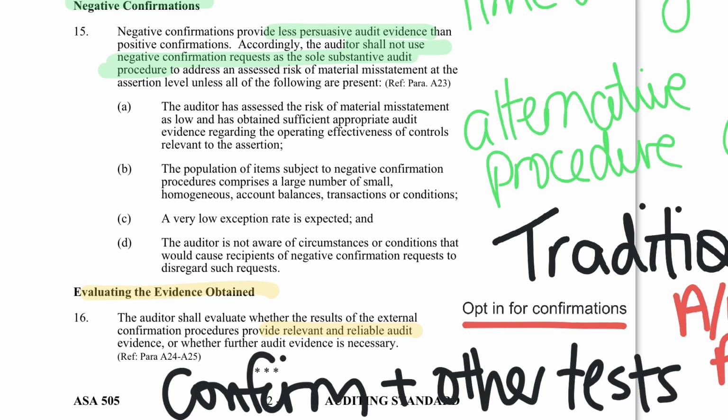It doesn't help us with completeness at all. So we're still always going to need to do lots of other tests to help us gather sufficient appropriate evidence over the entire set of accounts.